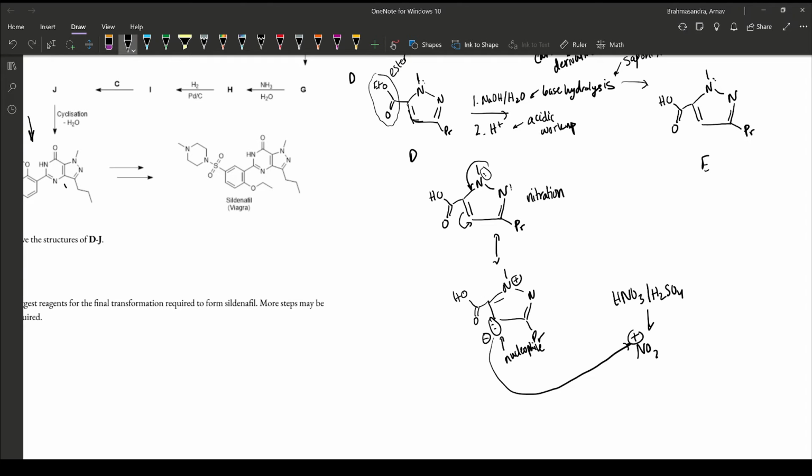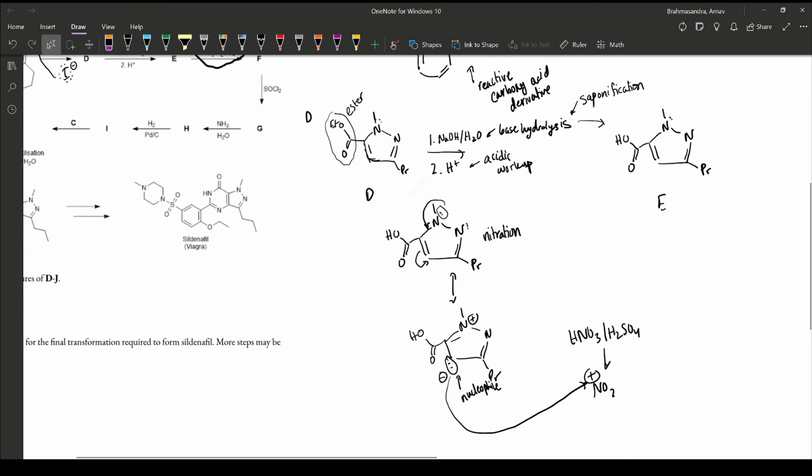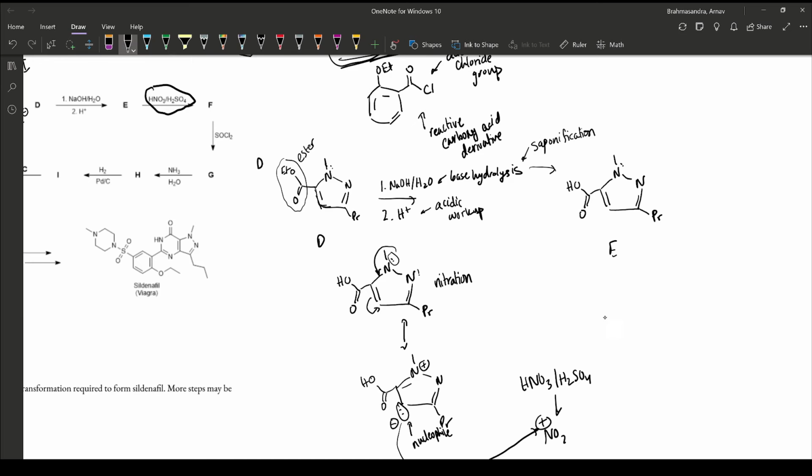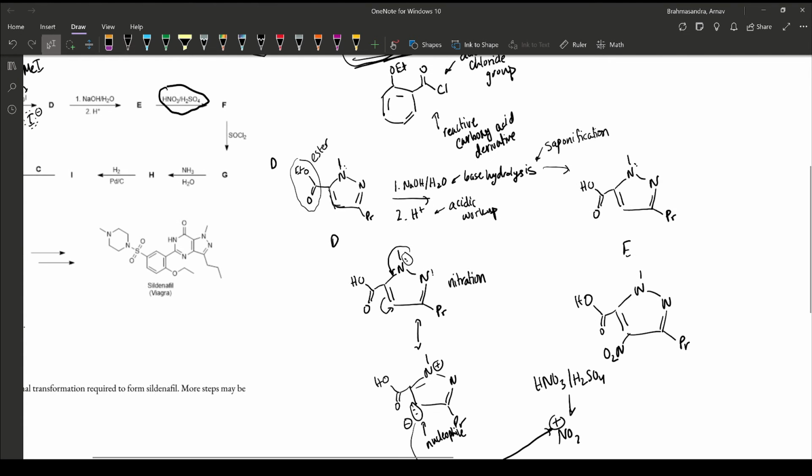We want to look at our nucleophilic sites, and that's the site that's going to attack. So what are we going to end with in the end? We're going to end with something that looks like this. We're just going to nitrate that left position. So we're going to have our same thing, but we're going to have an NO2 group right there. And that will be our answer for F.